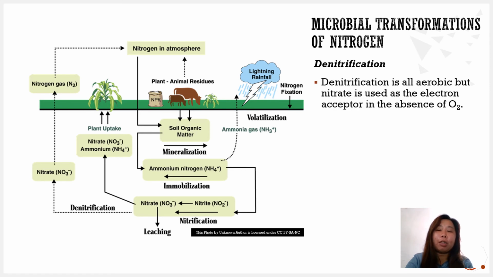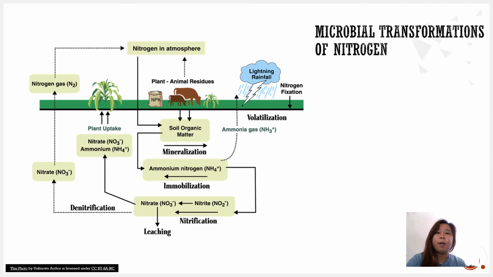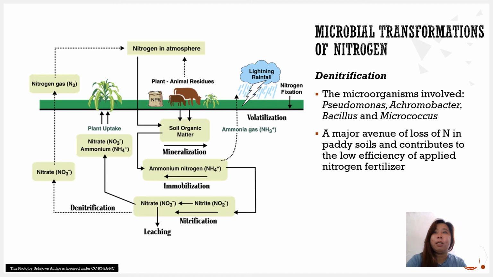The denitrifiers are all aerobic, but nitrate is used as the electron acceptor in the absence of oxygen. The denitrifying organisms require a very low oxygen concentration of less than 10% and organic carbon for energy. The microorganisms involved in denitrification are Pseudomonas, Achromobacter, Bacillus, and Micrococcus.